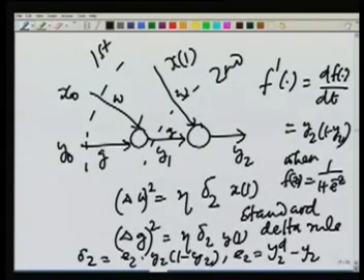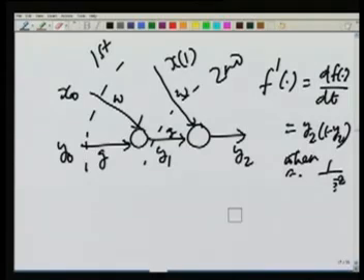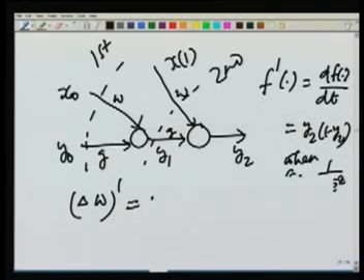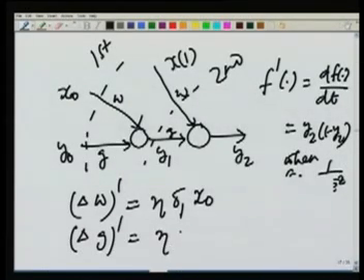So, given this is the first layer, we can again do this for the first layer now. Delta W1 is eta delta 1 x naught, and delta G1 is eta delta 1 y naught. Because this is the standard delta rule. And what is delta 1?